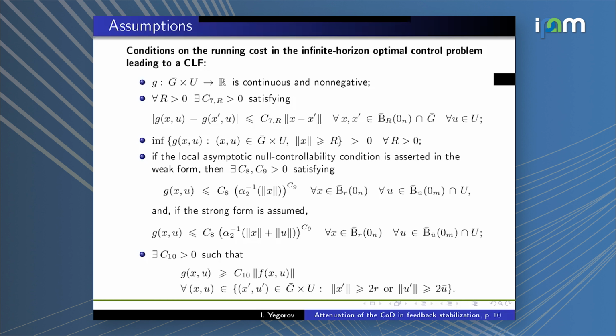If you, for example, look at the last assumption, this basically means that if the right-hand side of our system f of x, u doesn't grow faster than the norm of x squared, if it's basically dominated by the square of the Euclidean norm, and if g of x, u is quadratic, then this would hold for sufficiently large norms of our state. So it's not a very restrictive assumption.